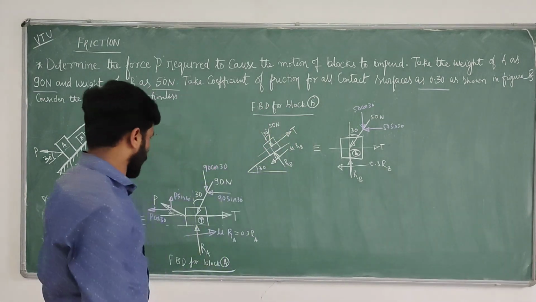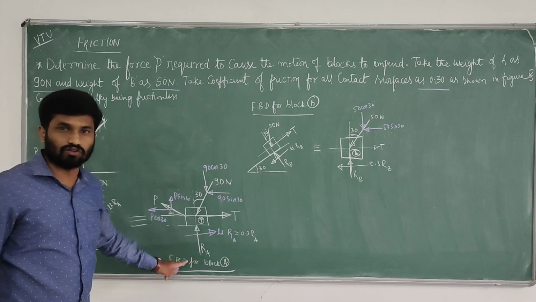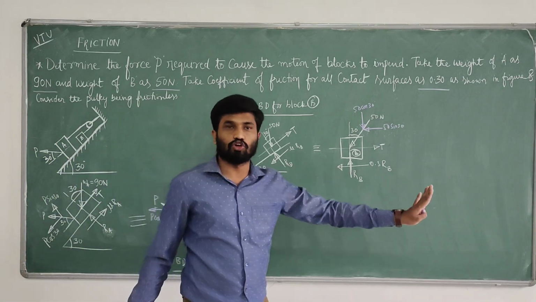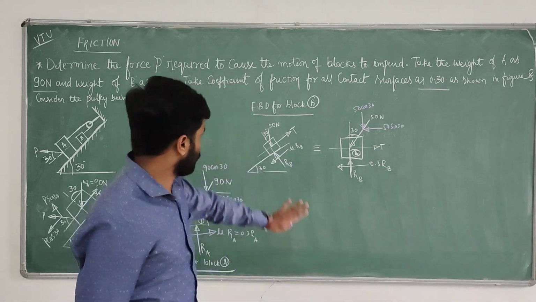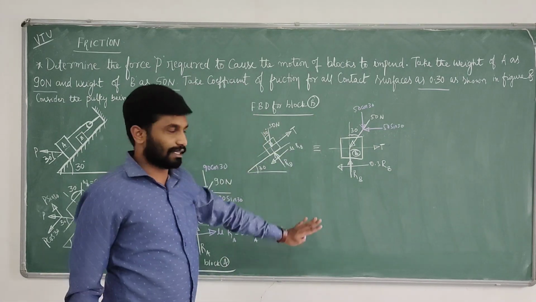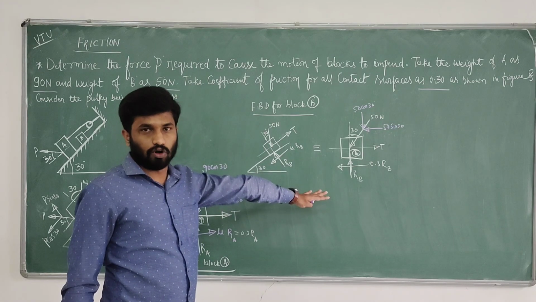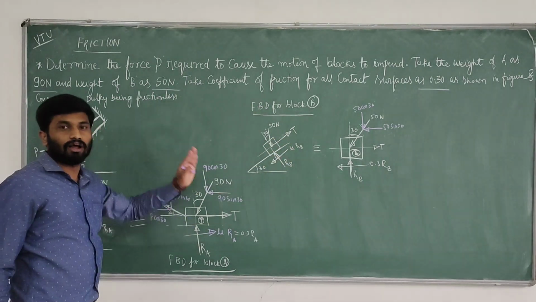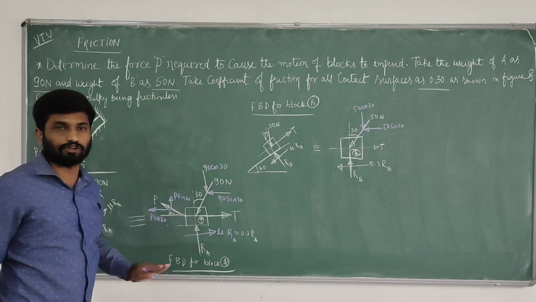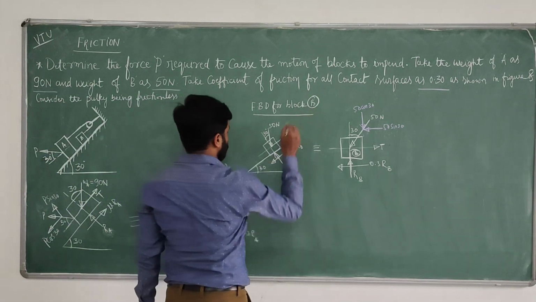Block B has the least number of unknowns. Therefore consider block B first for the analysis. Apply sigma Fx equals 0 and sigma Fy equals 0. Next, substitute the determined values and once again apply the equations of equilibrium, and you get the solution.